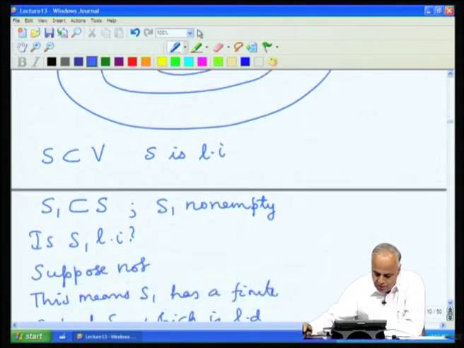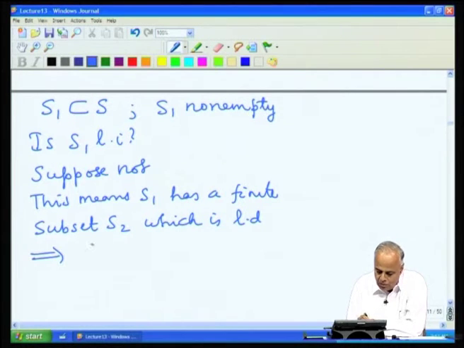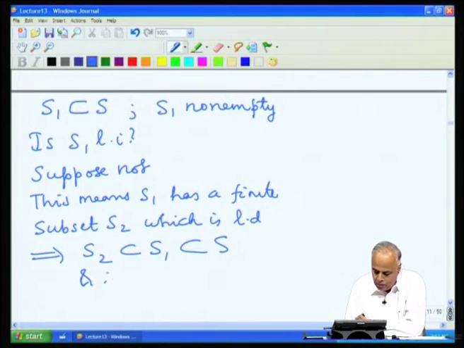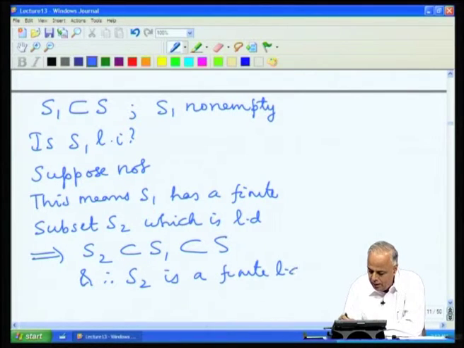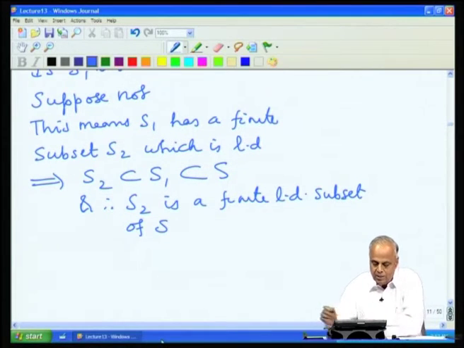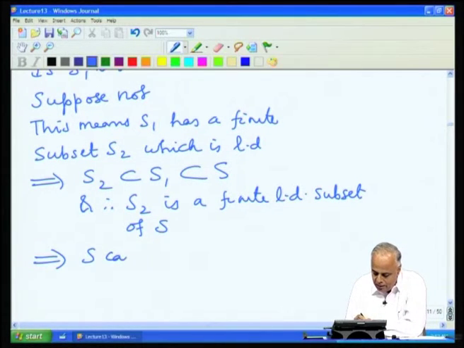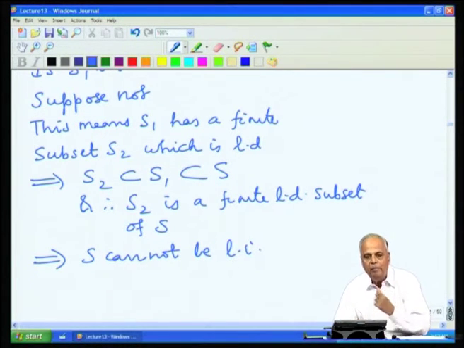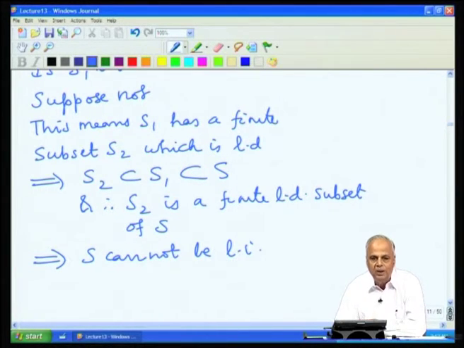So S2 contained in S1 contained in S, and therefore S2 is a finite linearly dependent subset of S. Now this says S cannot be linearly independent, because if S were linearly independent, every finite subset must be linearly independent, but here we have a subset which is linearly dependent.